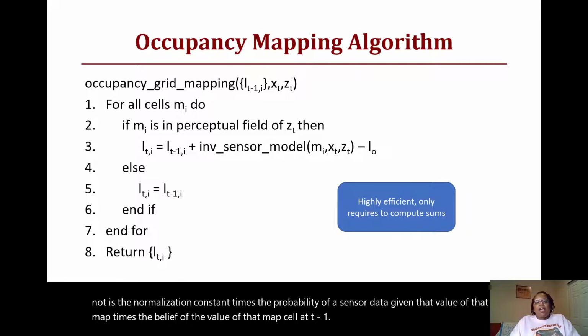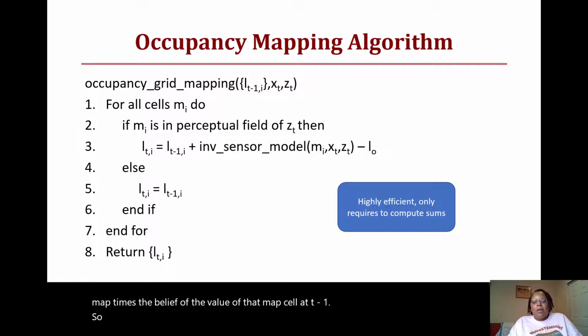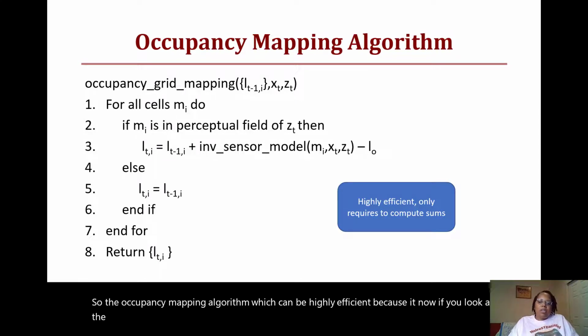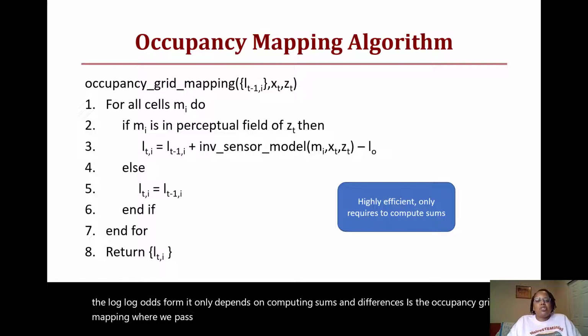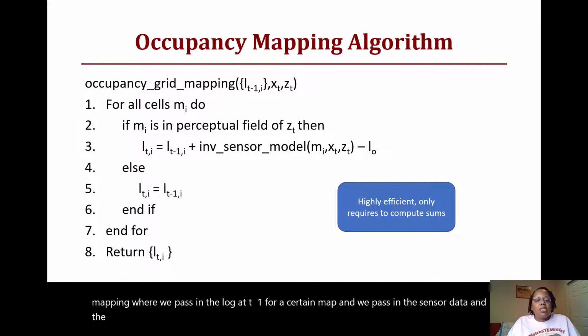So the occupancy mapping algorithm, which can be highly efficient because, if you look at the log odds form, it only depends on computing sums and differences, is the occupancy grid mapping where we pass in the log odds at t minus 1 for a certain map and we pass in the sensor data and the pose for the current time, for all cells.